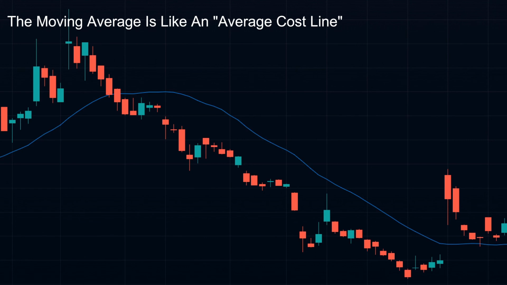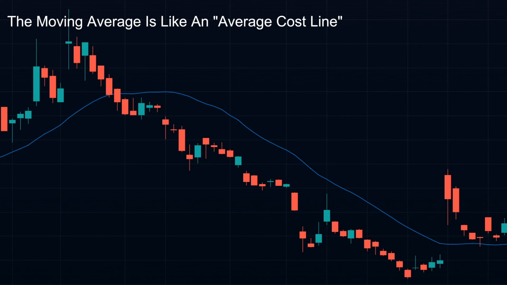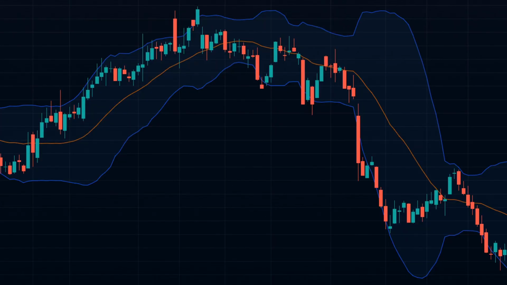Then, stop loss orders would be triggered, indicating a weakened short-term market trend. Therefore, when the band widens, if the price moves above the middle band, it means the market trend is strong and would continue to rise. If the price falls below the middle band, it suggests that the market trend is weak and would continue to fall.